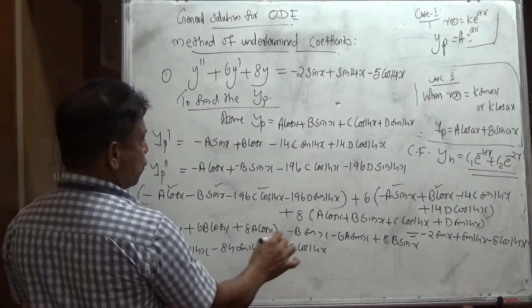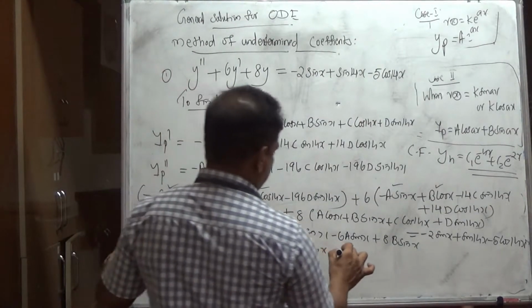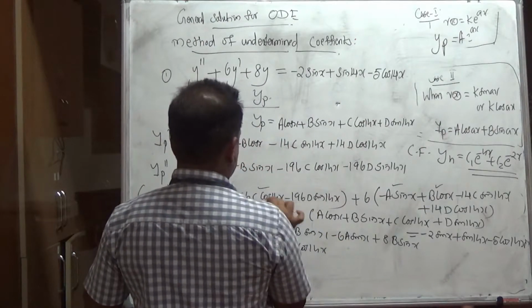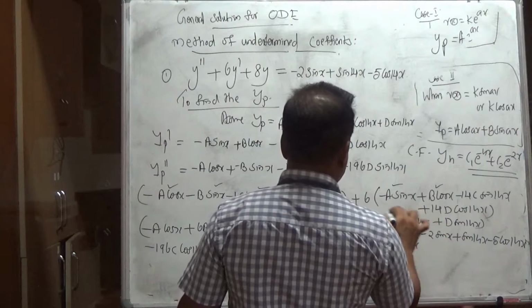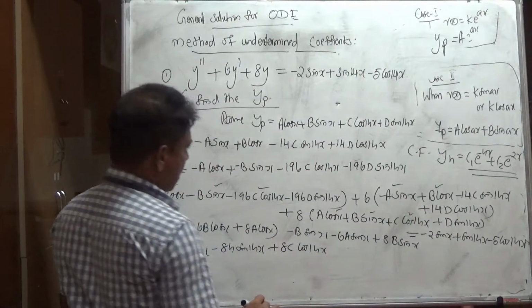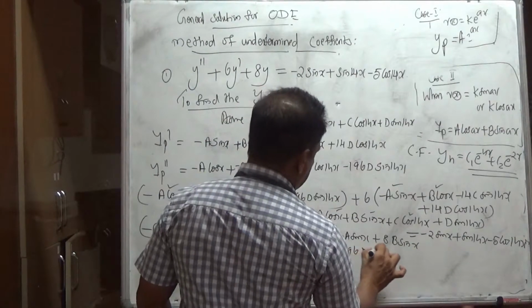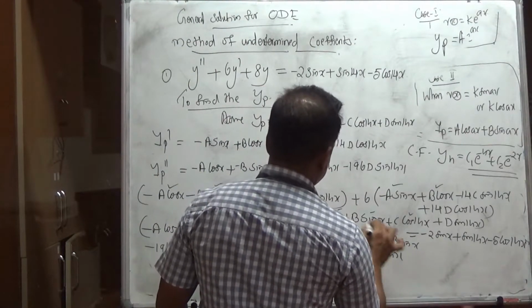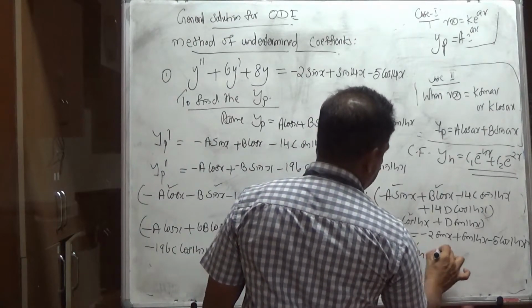This is the cos 14x term. Then we take the sin 14x terms: minus 196d sin 14x, then minus 84c sin 14x, that is 6 into minus 14c.